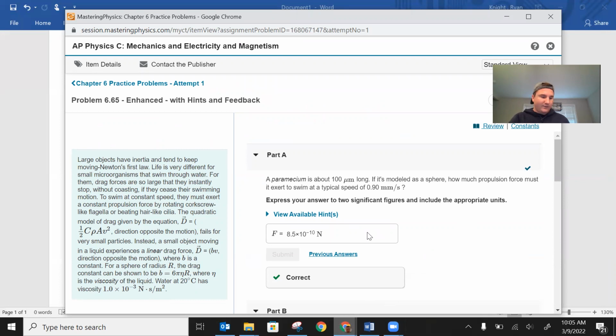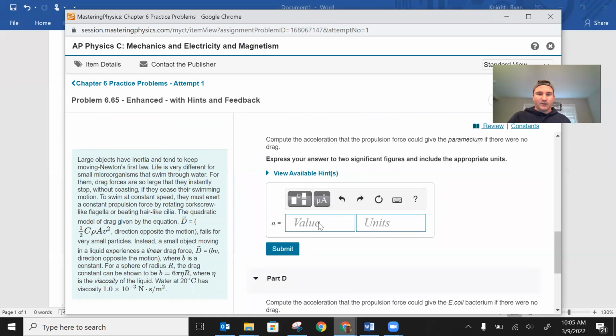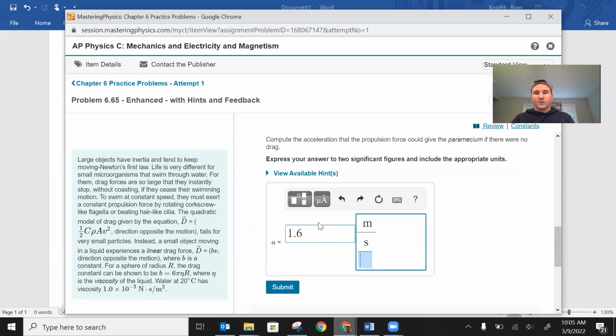So 8.5 times 10 to the negative 10th divided by our mass gives me 1.62 as the acceleration. 2 sig figs, so 1.6 meters per second per second.